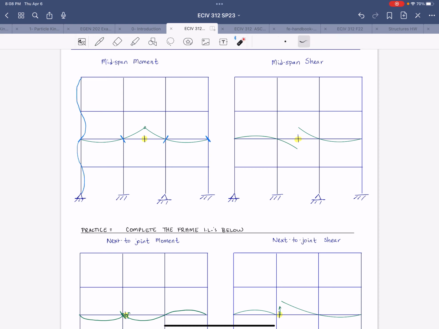And make sure to pay attention to the support conditions at the base, right? So at a pin support, you can have rotation. At a fixed support, like down here, you can't. So you have to make sure that you show that clearly.